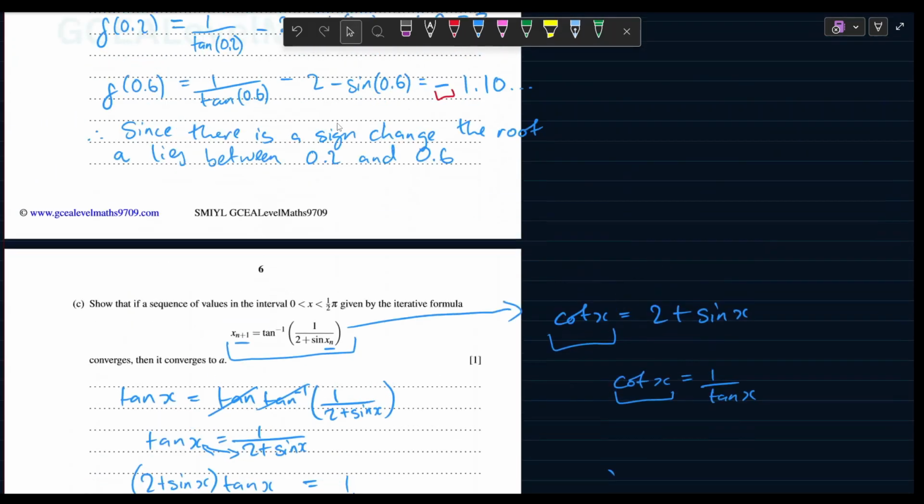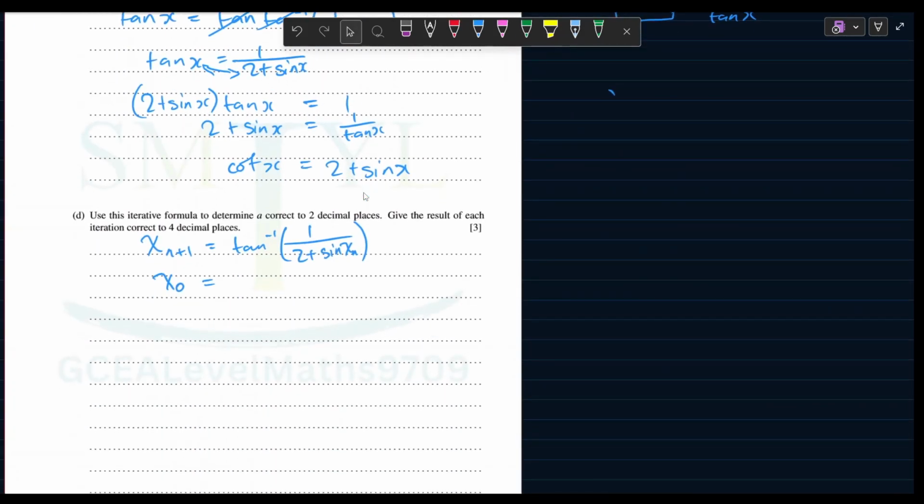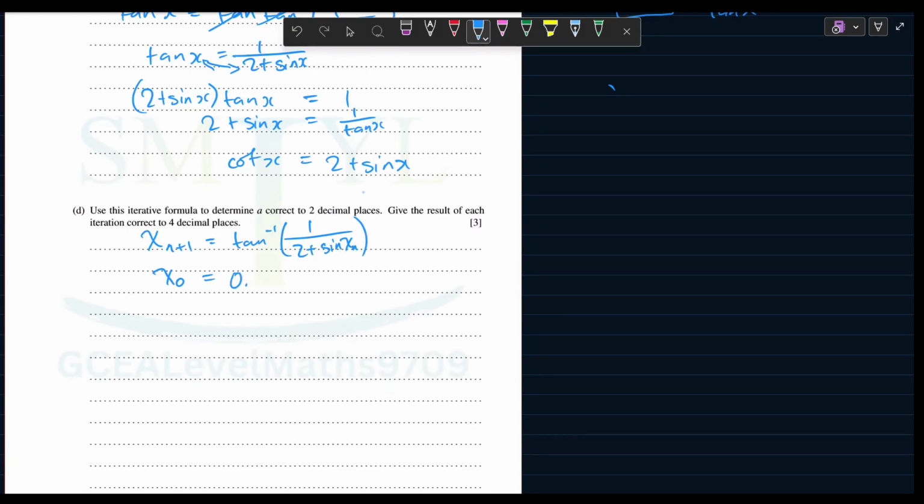We know that our root must lie between 0.2 and 0.6. So I'm going to just use 0.2 as our initial value. All right, so x0 is 0.2. So that means x1 is going to be arctan of 1 over 2 plus sine of x0, so sine of 0.2.